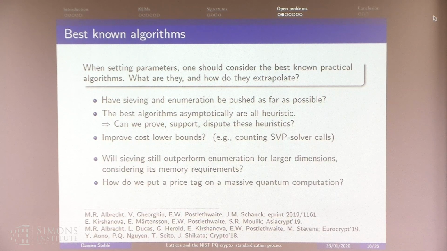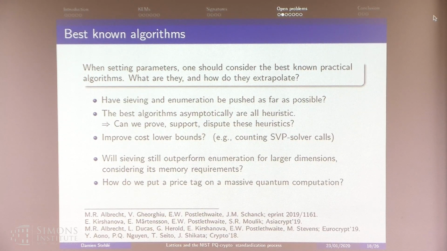One more practical question even is whether sieving outperforms enumeration for very large dimensions, in particular considering its memory requirements. It has a space cost which didn't kick in so far, but if we consider bigger computations, does it start to matter?